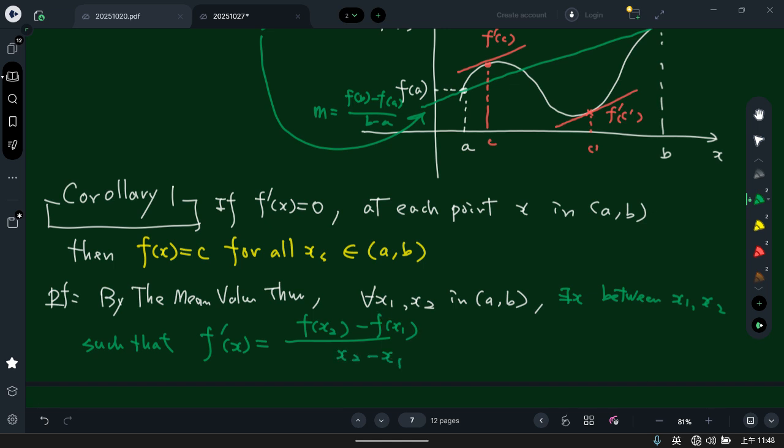Right? This is provided by the mean value theorem. The mean value theorem says that if there are 2 points, then we can find a point between these 2 endpoints such that its derivative is equal to the slope of the line connecting these 2 endpoints.